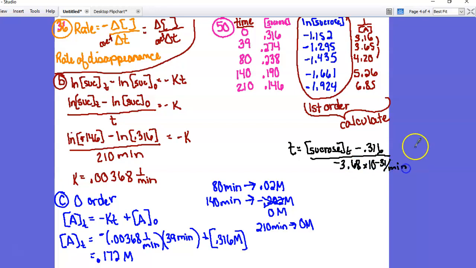So if you look at this, you knew that the time that all of that sucrose would have been used up is 85.9 minutes. But they didn't ask you to calculate it. So like I said, when I did this problem earlier in the day, I made it so much harder than it was. I apologize.